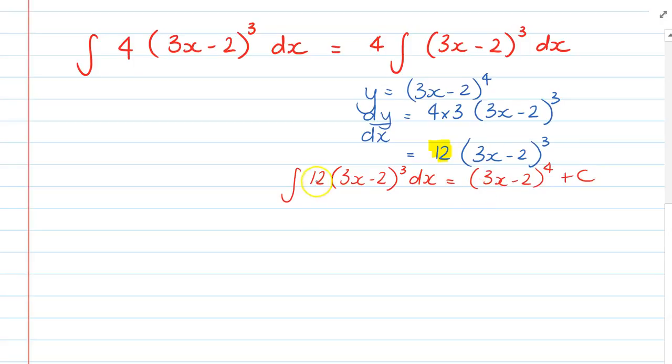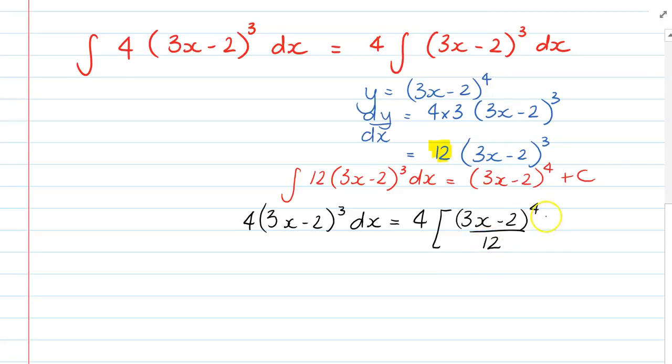All right, but we don't want 12 times this, we just want this. So in order to get that, we'll divide both sides by 12. Now I told you that I wasn't going to forget about this 4, so let's bring it back in as well. So now I've got 4 times the integral of (3x - 2) cubed dx is equal to 4 times (3x - 2) to the power of 4 divided by 12, plus c.